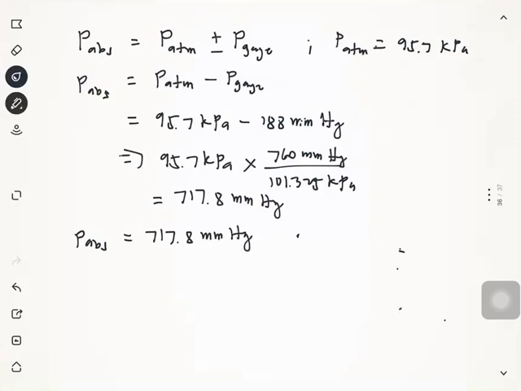So converting 95.7 kilopascal, this is 717.8 millimeters of mercury. You can check in your calculator if this is correct.